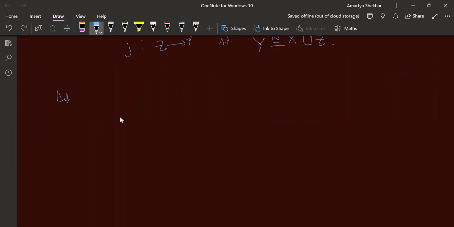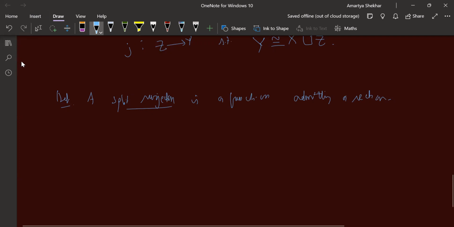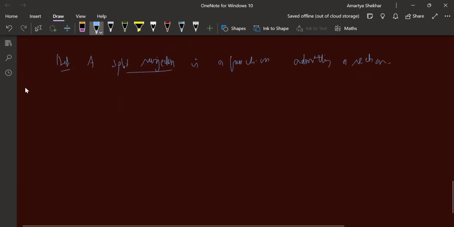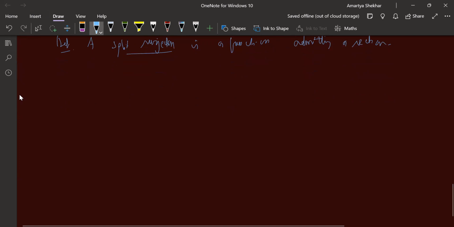Now I define maps called split surjections, which I'm pretty sure some people will be familiar with. A split surjection is just a function admitting a section, right? As simple as that. So now maybe a remark.